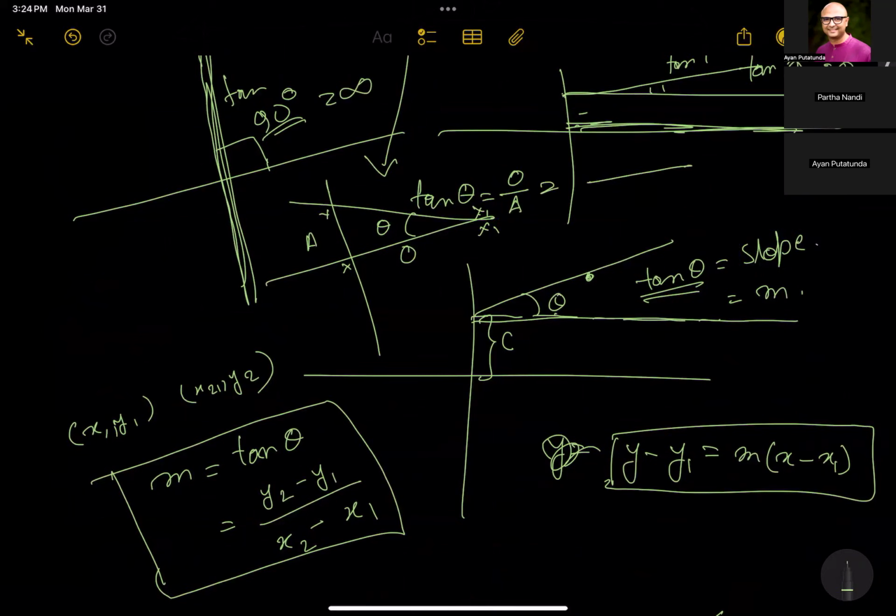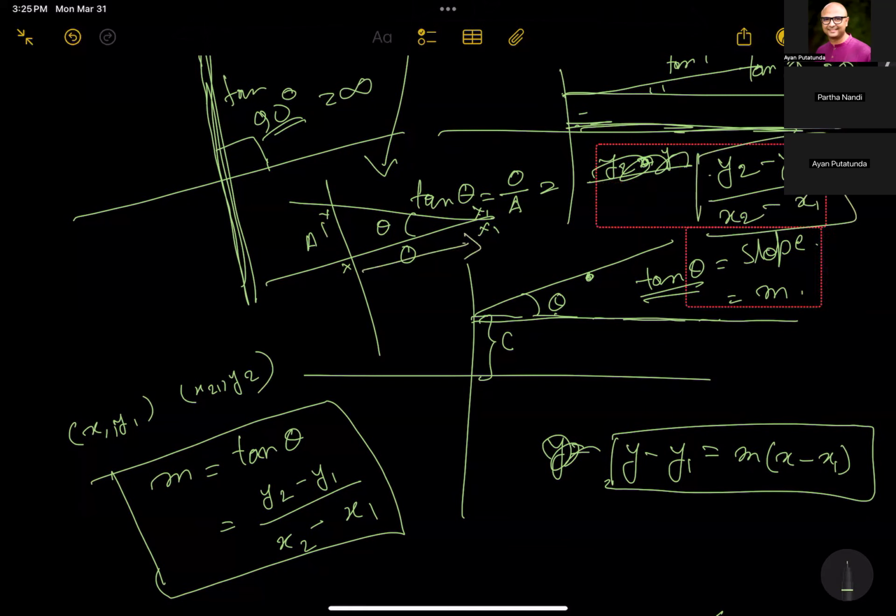The definition of slope, if you remember, is Y2 minus Y1 divided by X2 minus X1, which is my distance between this and this. The ratio of this gives me the definition of slope, right?